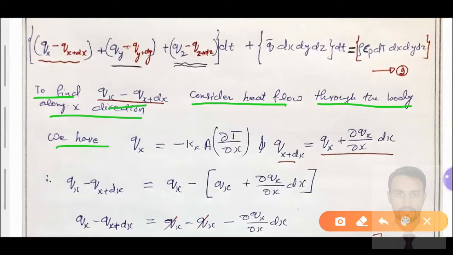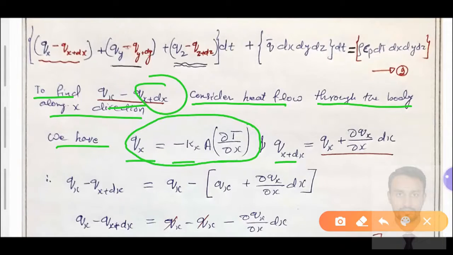We have Qx equals minus kx A dT by dx. We know this equation; we just need to input this value into the equation. Then Qx+dx, as we very well know, is Qx plus dQx divided by dx into dx.